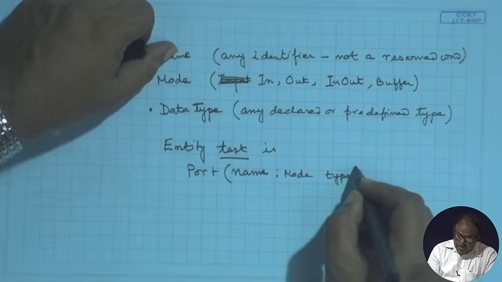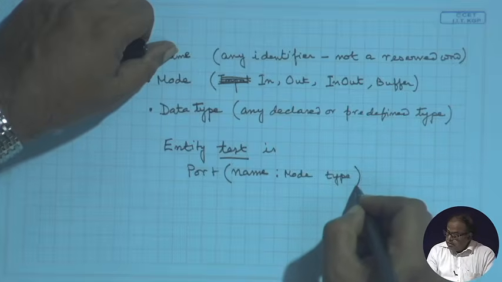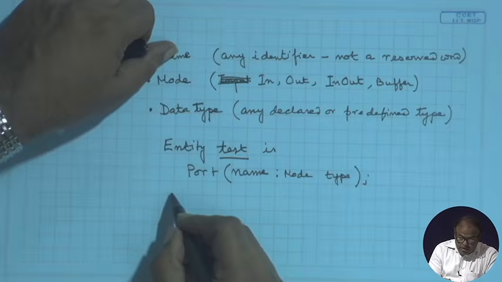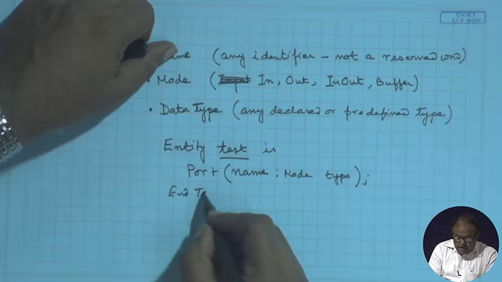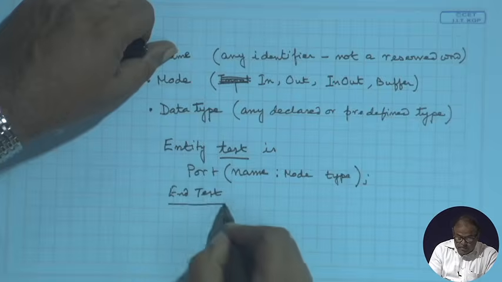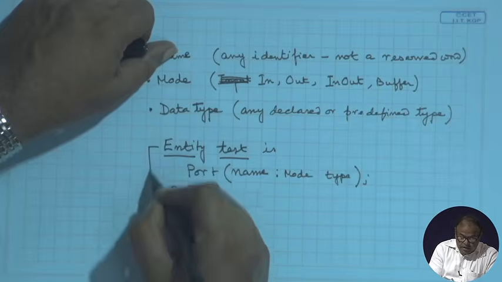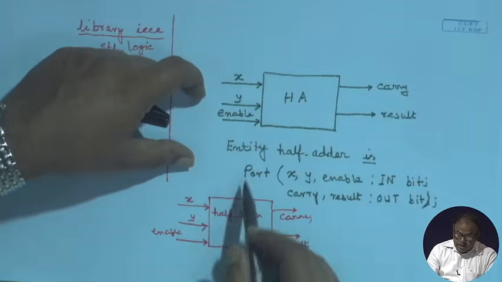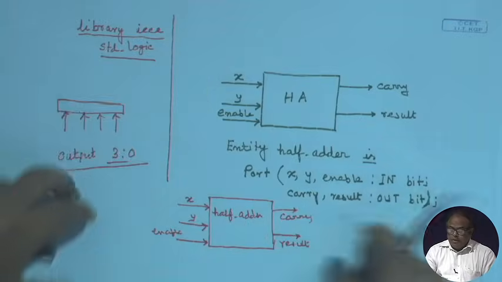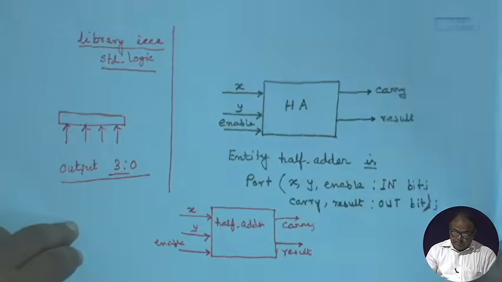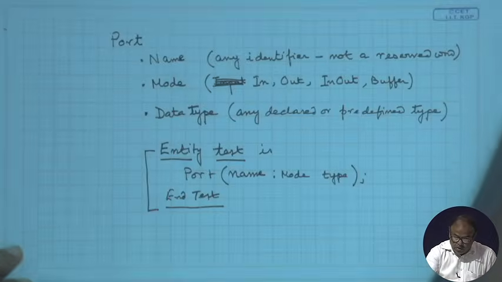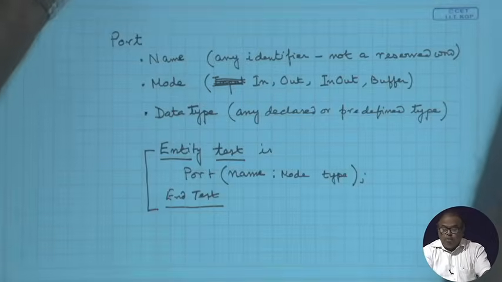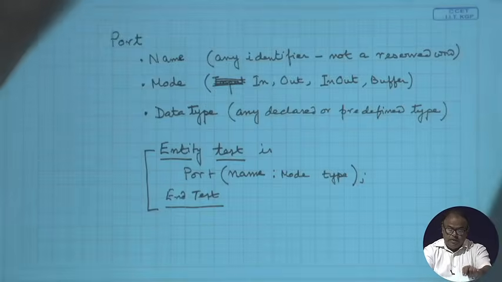Okay. Semicolon, and here should be the end of the declaration, end test. All right. So this is complete; here also I should have written end half adder. Okay. So that is how we declare the ports. Fine.